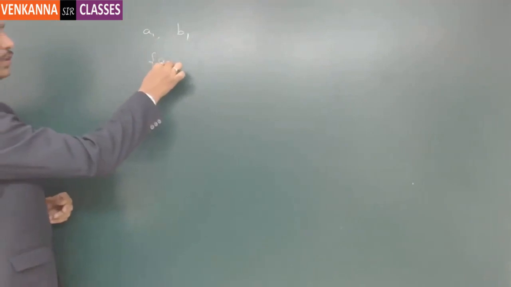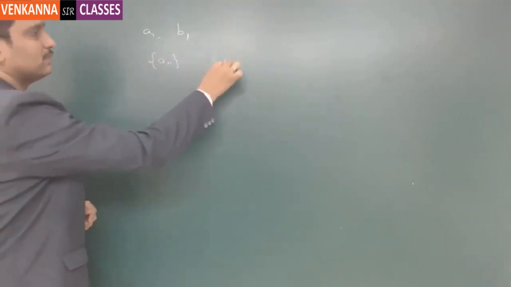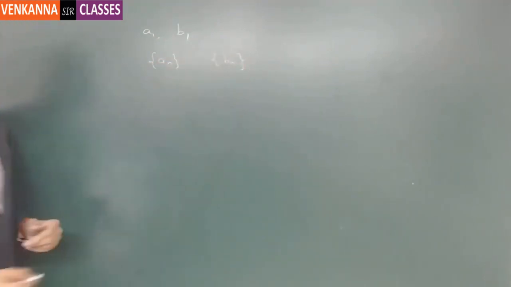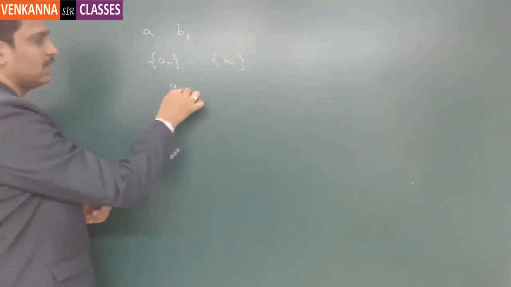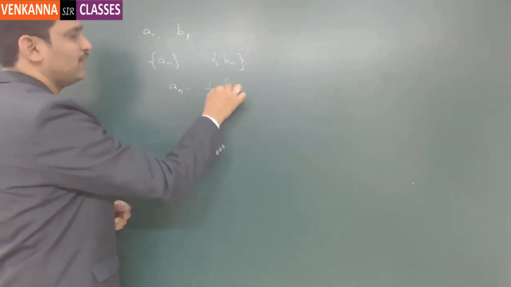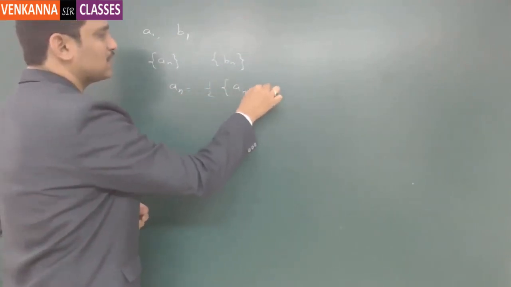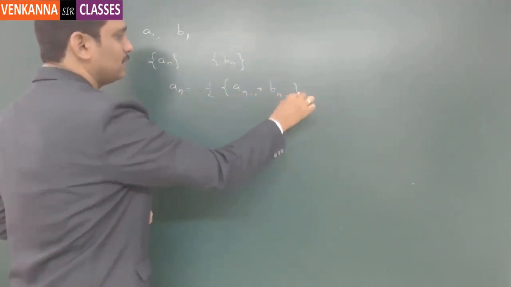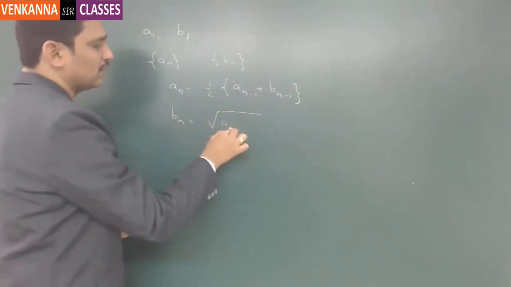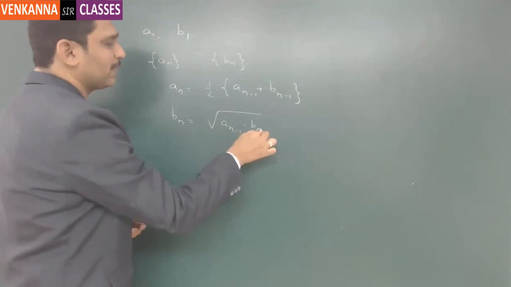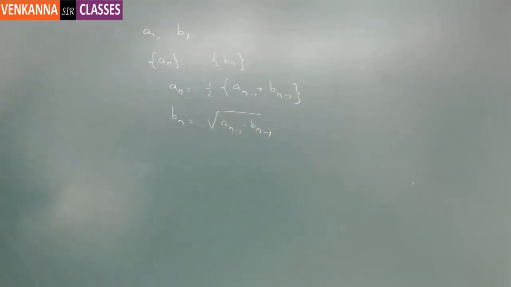And I am defining two sequences, an and bn, as an is equal to half into (an-1 + bn-1), and bn is equal to square root of an-1 into bn-1, for all n greater than or equal to 2.